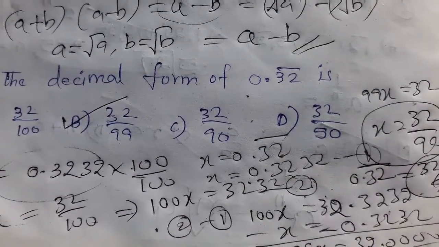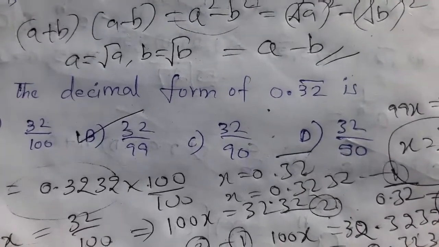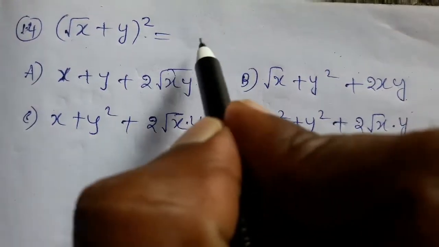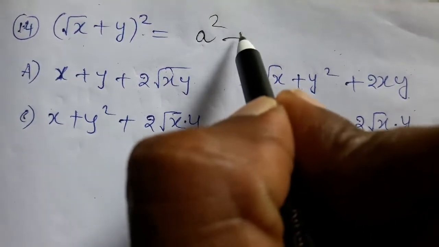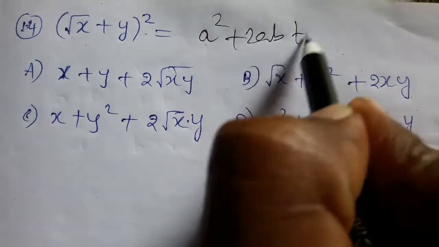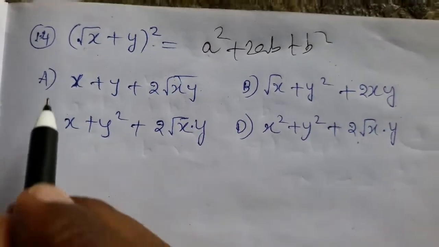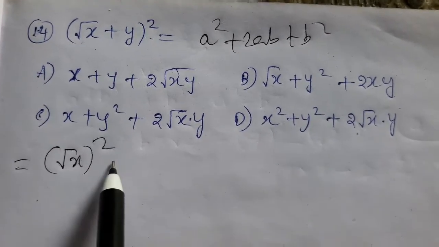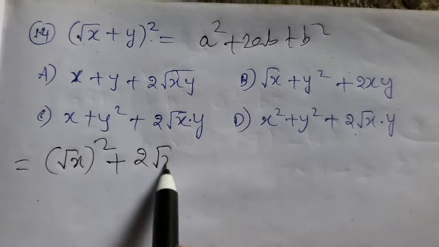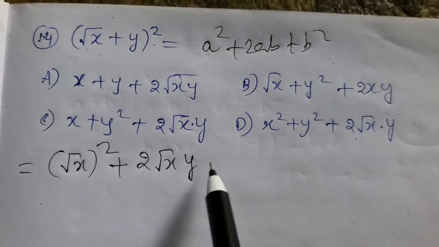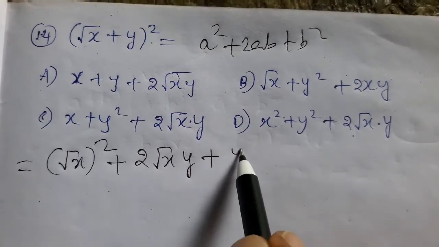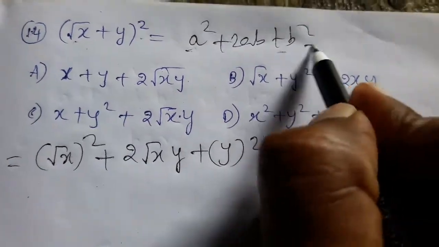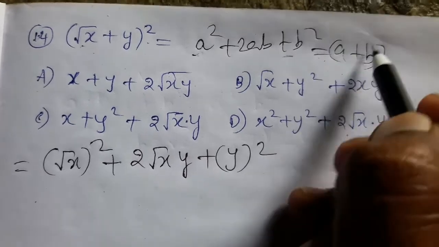Remember, don't forget. See, the a plus b whole square formula. That means a square plus 2ab plus b square, like that. Here root x whole square plus 2 root x y plus y whole square, this formula equals a plus b whole square.